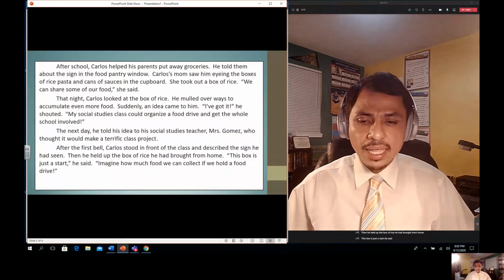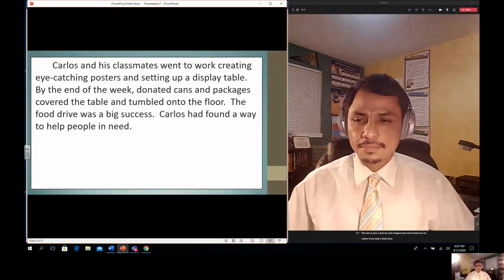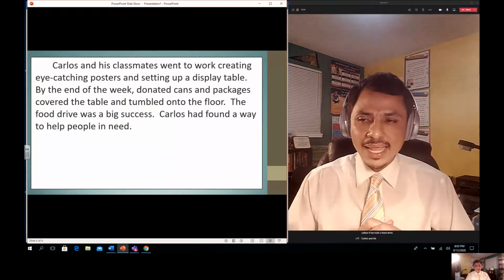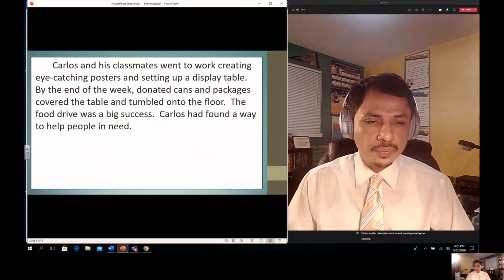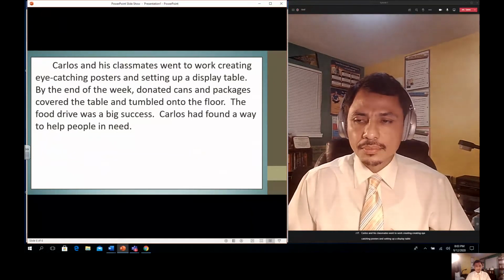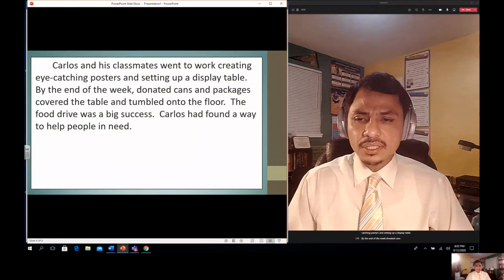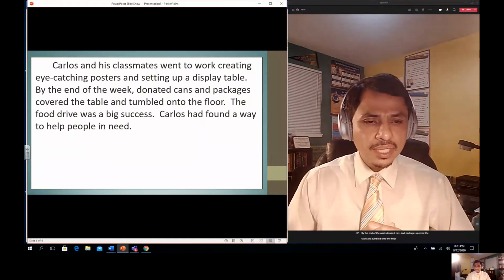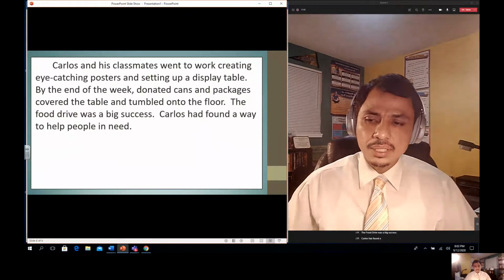Imagine how much food we can collect if we hold a food drive. Carlos and his classmates went to work creating eye-catching posters and setting up a display table. By the end of the week, donated cans and packages covered the table and tumbled onto the floor. The food drive was a big success. Carlos had found a way to help people in need.